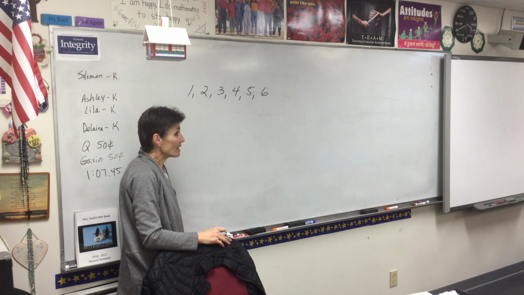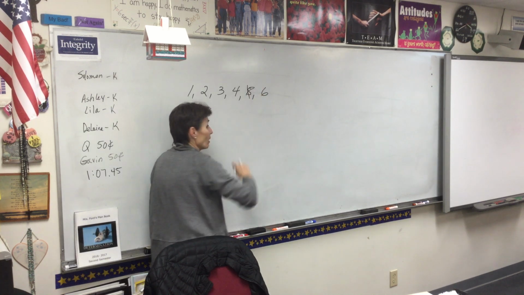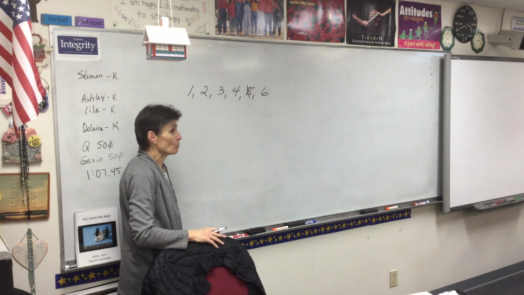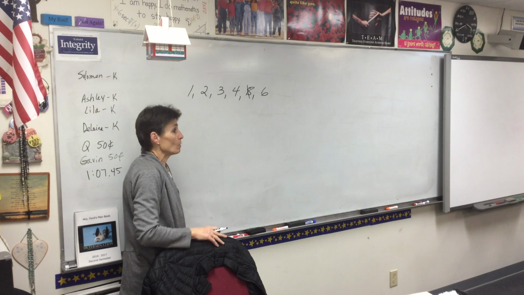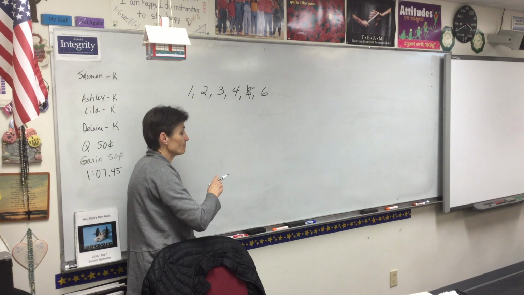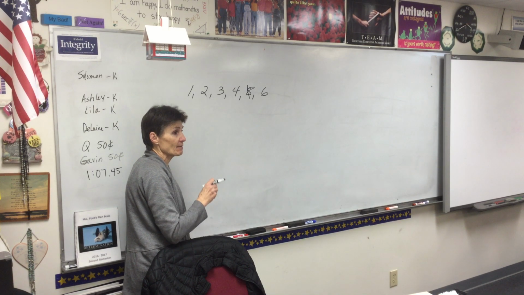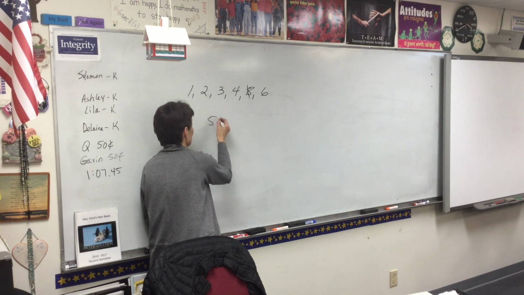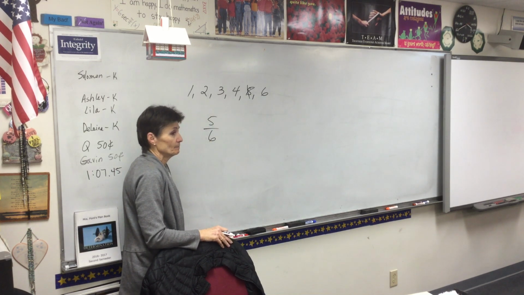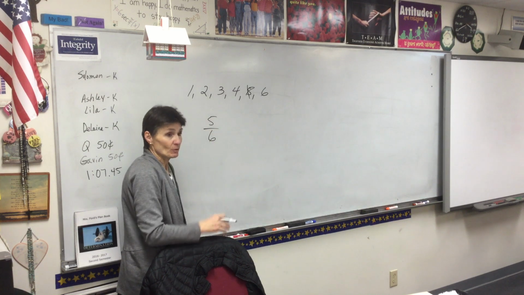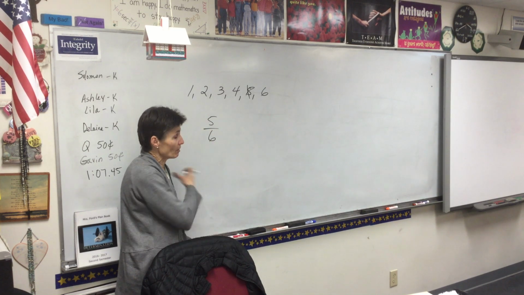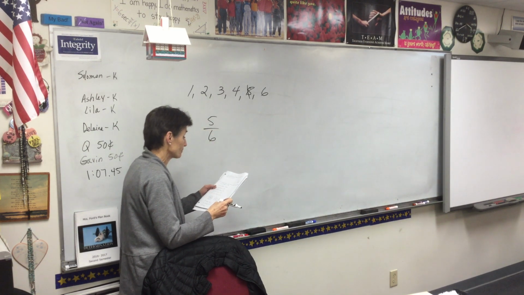All of them except 5. Don't they all divide into 24? Yeah. So if I roll this die, the probability of getting a factor of 24 is going to be 5/6. Because 5 of the numbers are factors of 24, and there are 6 possibilities.